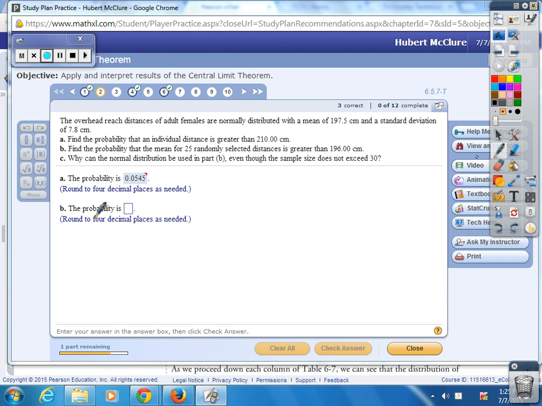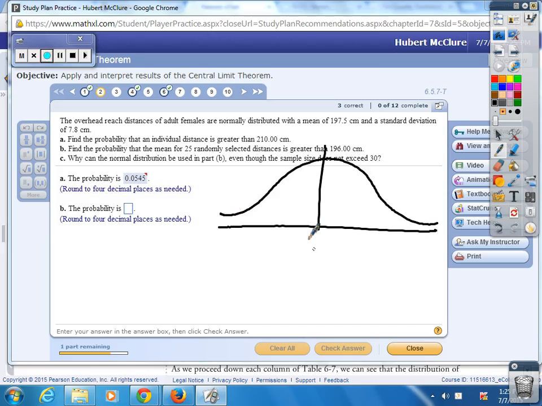So, B. We've got 197, 198, and 192, or 190, 190, and 182, and 206, and 214.